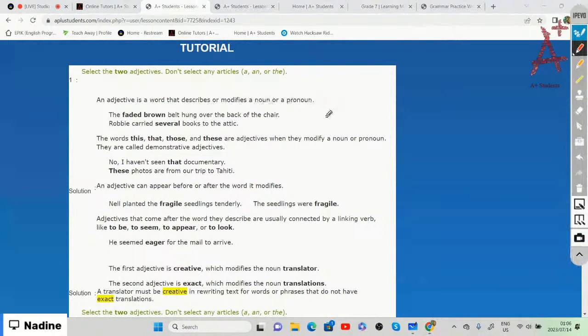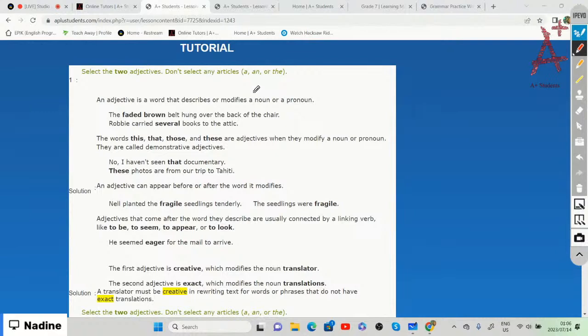So it tells us about the noun, tells us about the pronoun. It describes, right? It modifies, right? It usually tells us what kind, it usually tells us how many, right? That is usually what the adjective does when it comes to modifying or describing the noun or the pronoun.